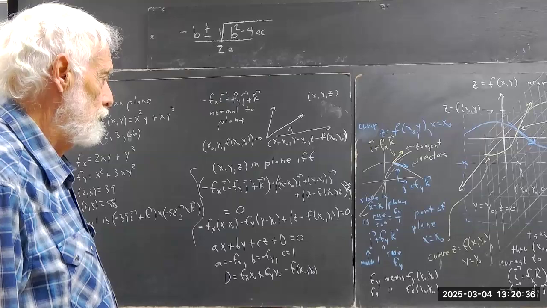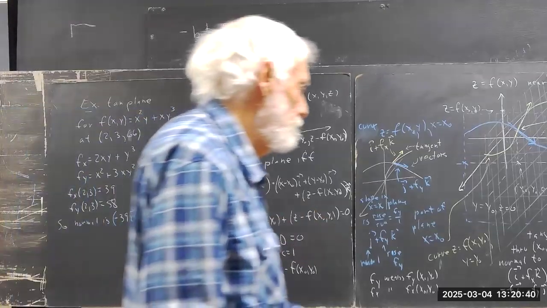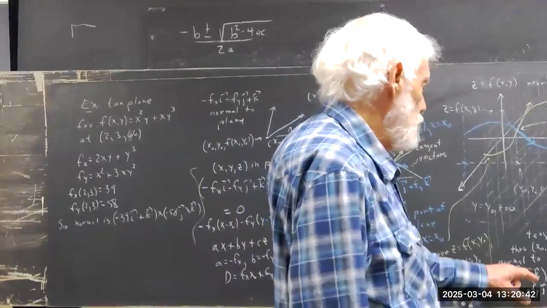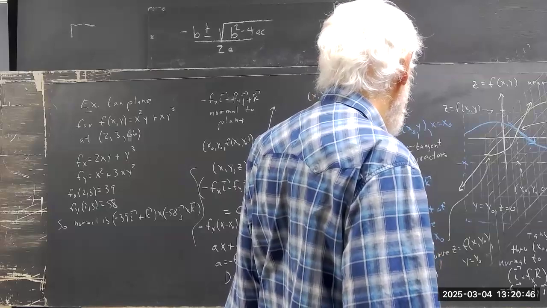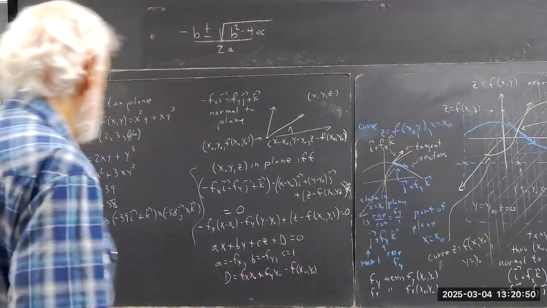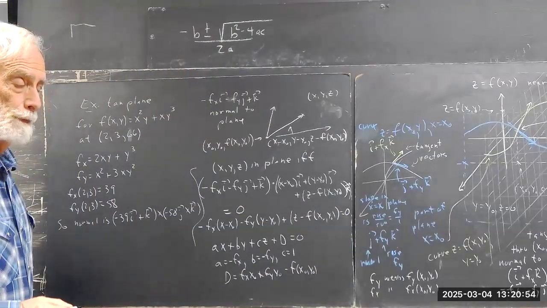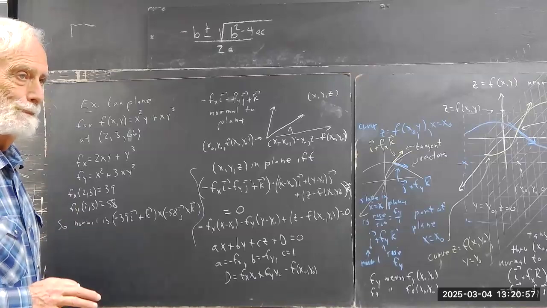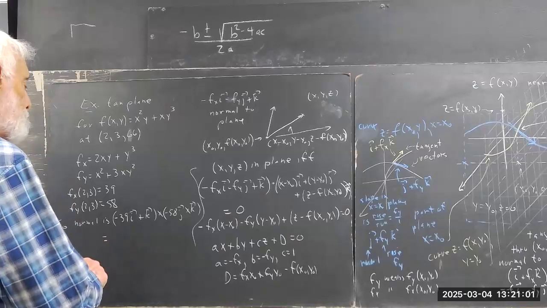Where did I do it? There. k cross j gives me negative i. Okay, so I thought about it there too. Something didn't seem right about that, but I think it's right. If it's not, you'll get it wrong. Okay. This equals what?